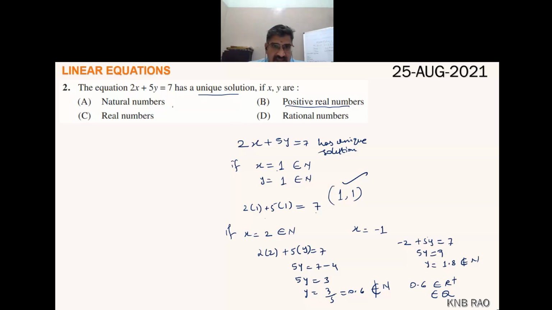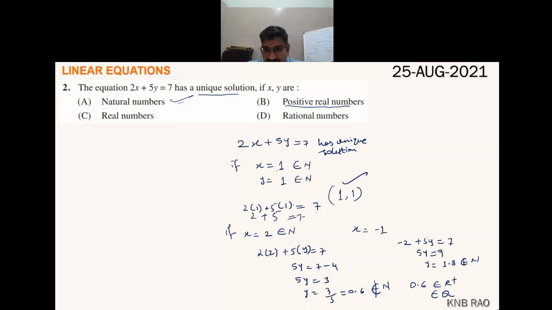Sir, you can explain once again, sir. Akash, I said this linear equation in two variables has a unique solution if x comma y are what type of numbers? If x comma y are natural numbers, x is 1 and y is 1, then it satisfies: 2 into 1 is 2, 5 into 1 is 5, 2 plus 5 is 7, 7 equals 7.